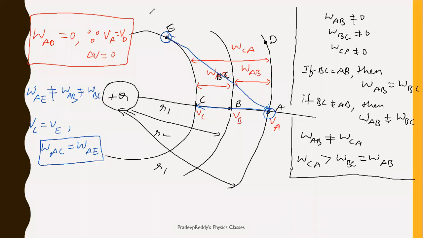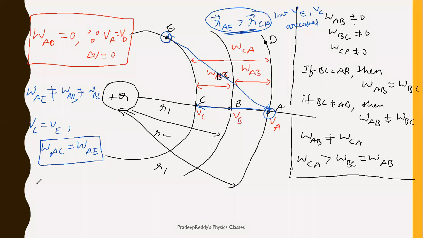Even though this distance RAE is greater than RCA, even though this is valid, potential at E and potential at C are equal. As their potentials are equal, remember that work done in bringing a test charge from A to C and work done in bringing a test charge from A to E, both are equal.